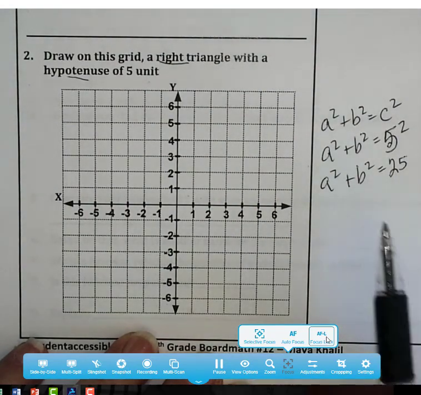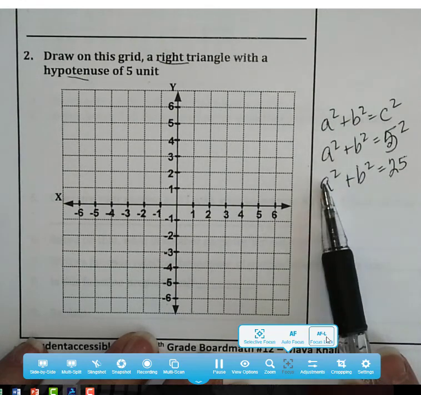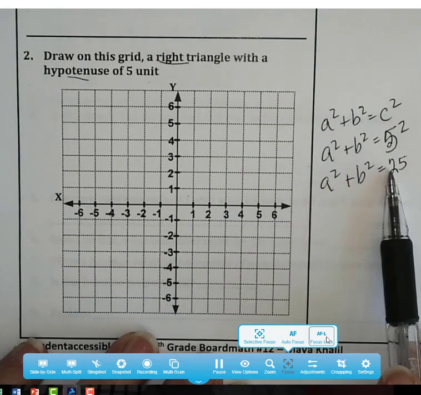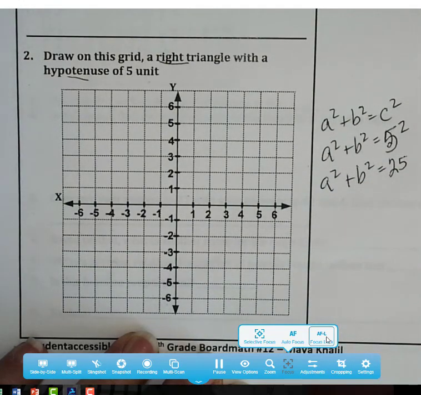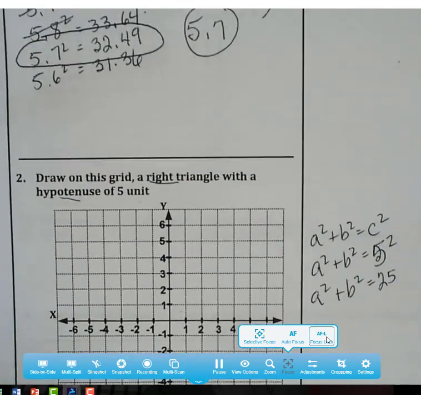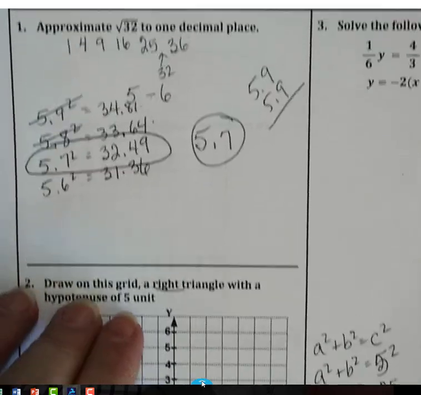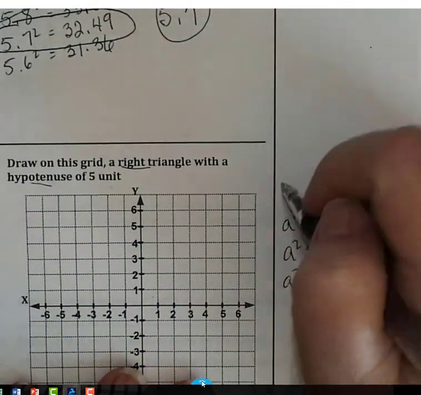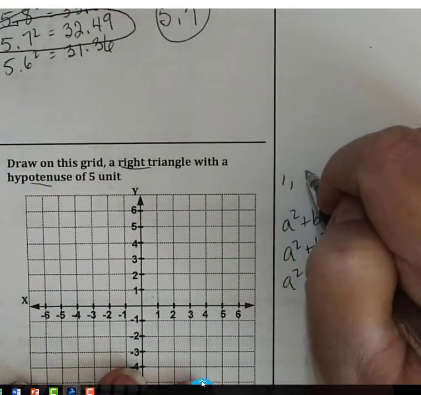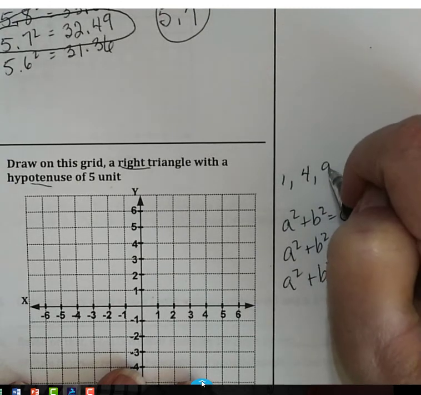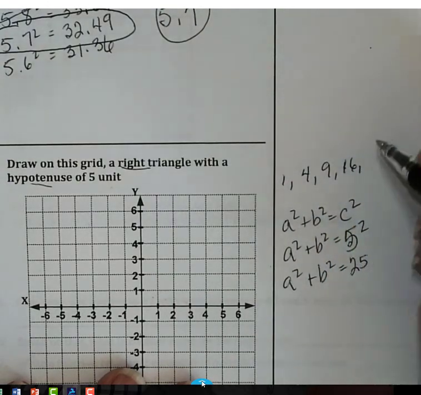And then we need to find two perfect squares that when we add them together, it would be 25. So, going back to the perfect squares that we just did, I'll rewrite them. 1 squared is 1, 2 squared is 4, 3 squared is 9, 4 squared is 16, and 5 squared is 25.